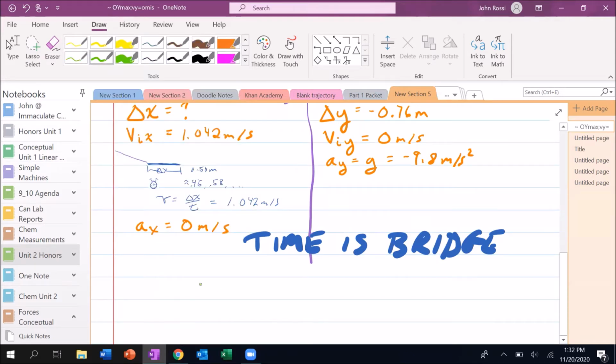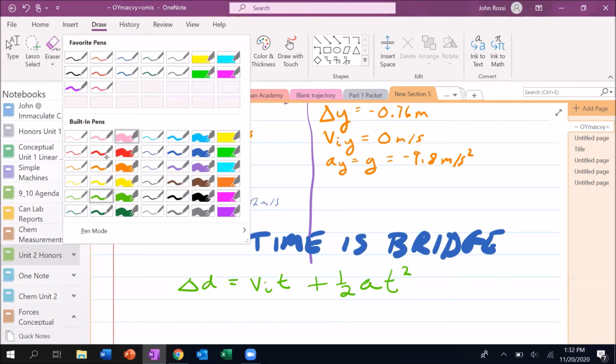All right, so we remember that displacement is equal to the initial velocity times the time plus 1/2 the acceleration times the time squared. What's cool about that is you get to check all these boxes off.